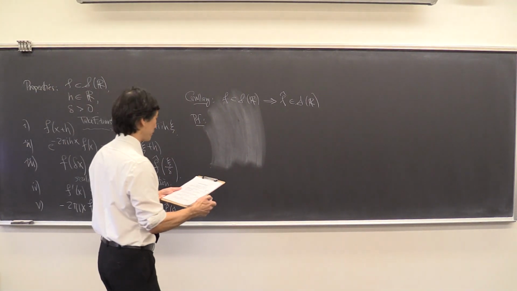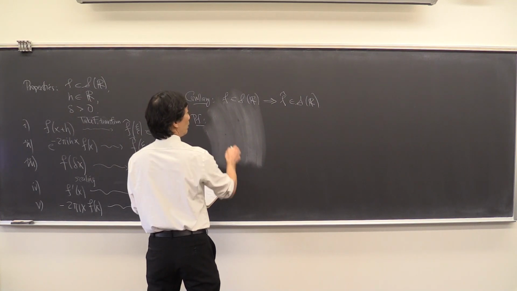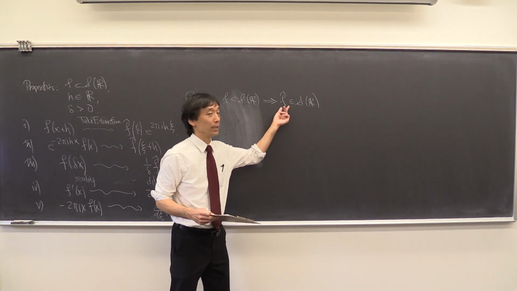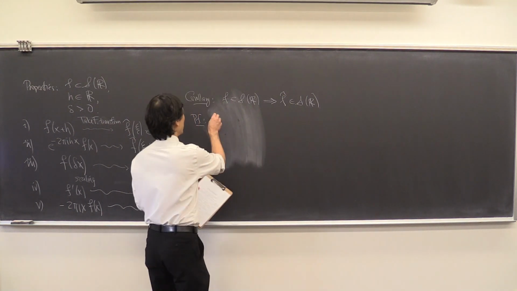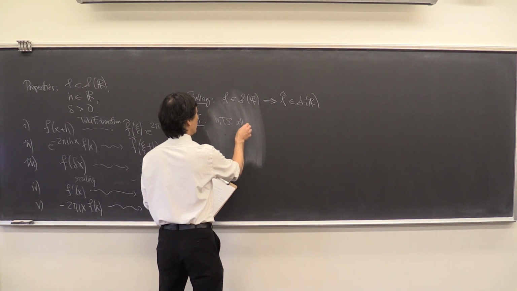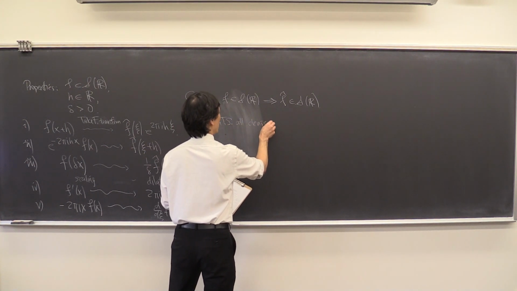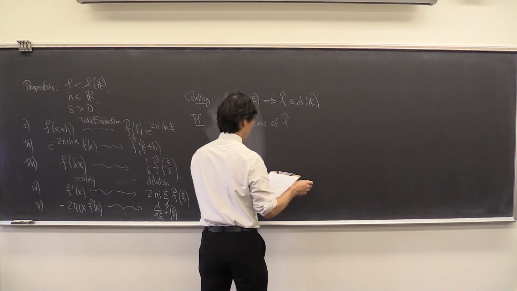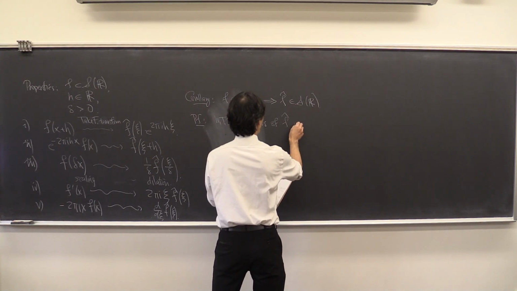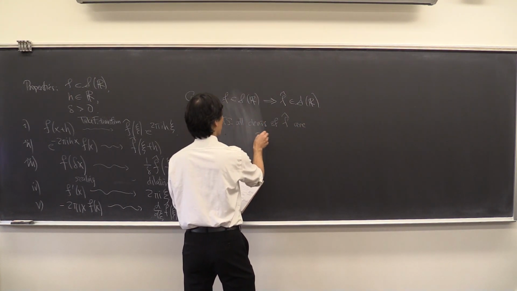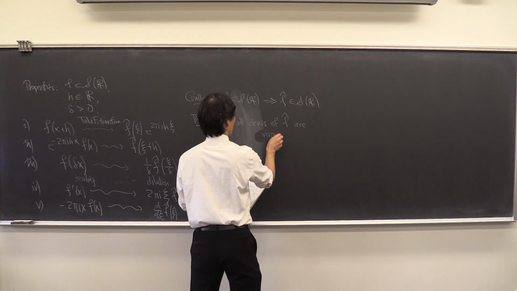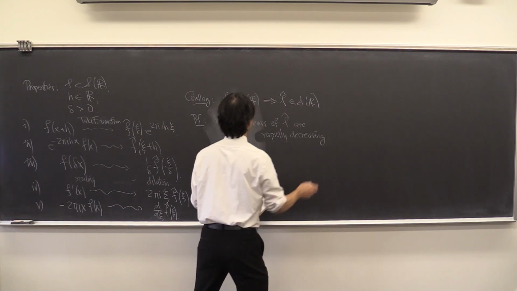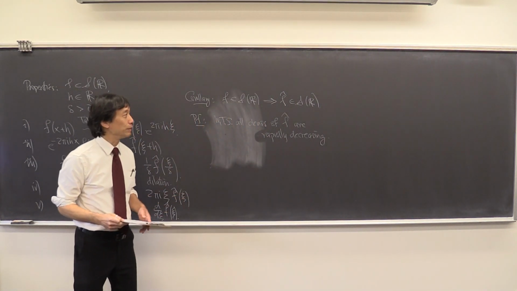So you say, well, we want to show that the Fourier transform is in the Schwartz class, right? That's to say that you want to show that all derivatives of f hat are rapidly decreasing. We're going to show that all the derivatives are rapidly decreasing.